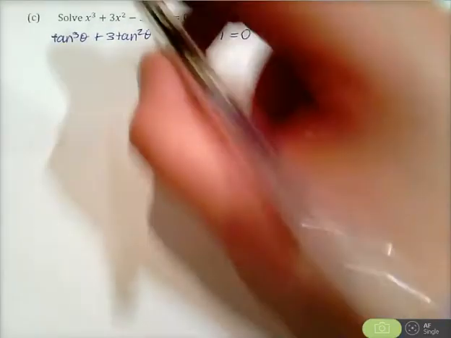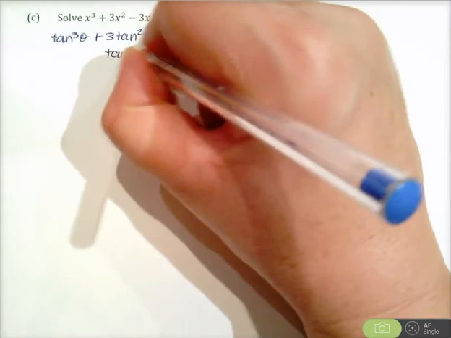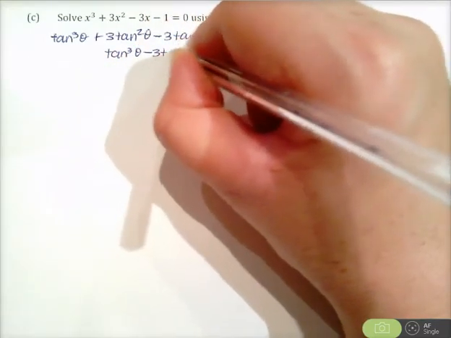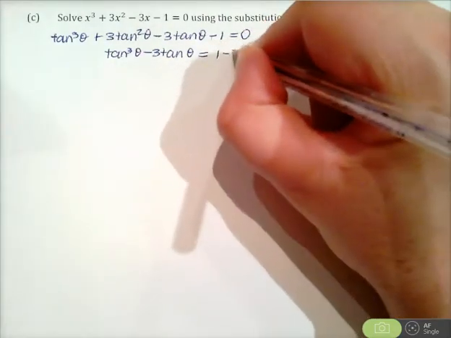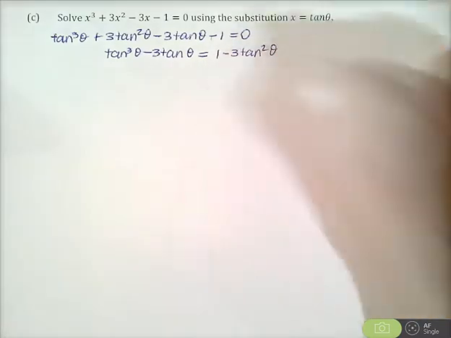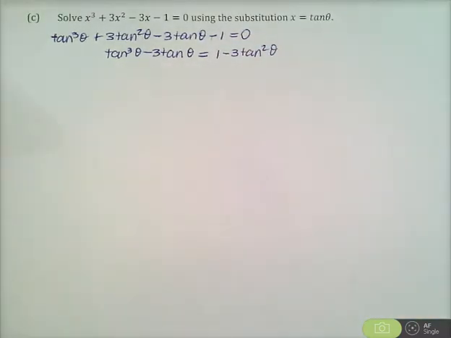So I'm going to keep the tan cubed theta with the 3 tan theta on the left, and I'm going to take the 1 over and the 3 tan squared theta over to the other side. So we've got that tan cubed theta minus 3 tan theta is 1 minus 3 tan squared theta.